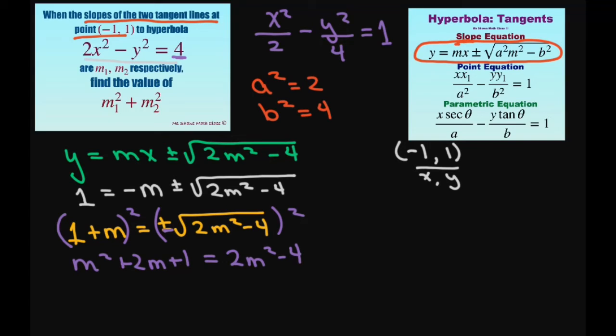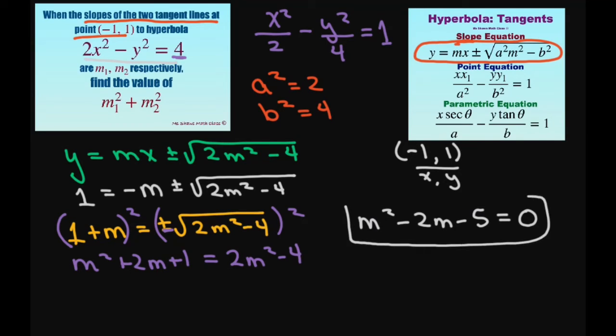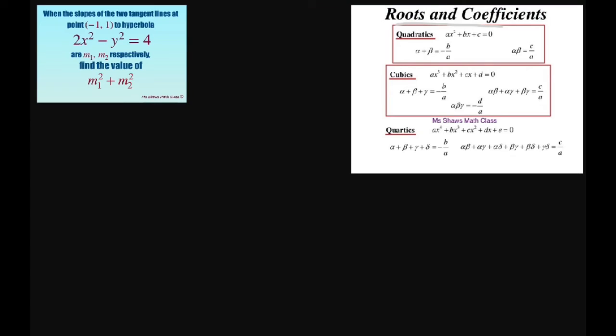Simplifying all this, we get m² - 2m - 5 = 0. Now m₁ and m₂ are the two roots of this equation, so we're going to use the relationship between roots and coefficients.